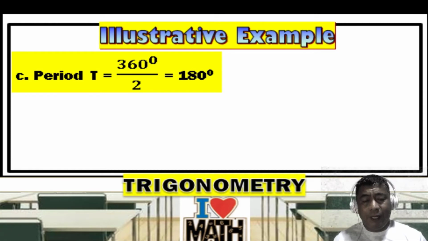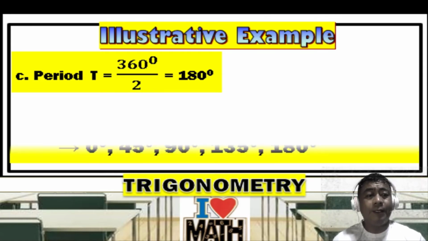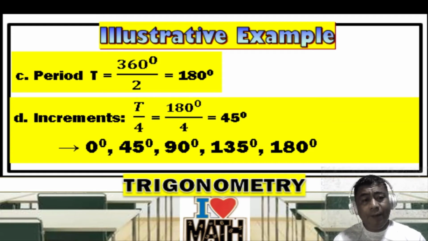The period T is equal to 360 over b, or simply 360 degrees divided by 2, which is just equal to 180 degrees. The increments T over 4, which is simply equal to 180 degrees all over 4, which is just equal to 45 degrees.